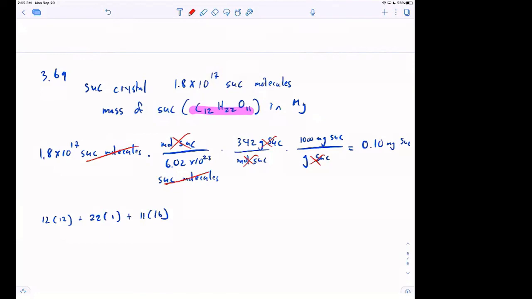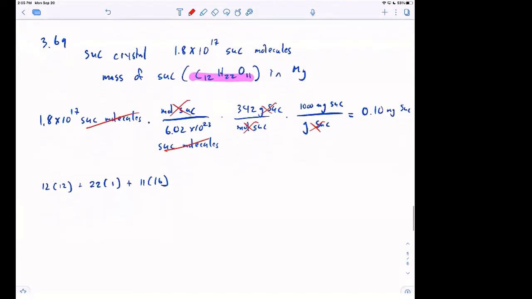Out of curiosity, I know a lot of people got this wrong. What was your thinking, what did you get stuck on? Because we started with molecules instead of mass? You didn't know how to go from molecules to moles? That's what I would be confused by if I did this one, molecules and moles.